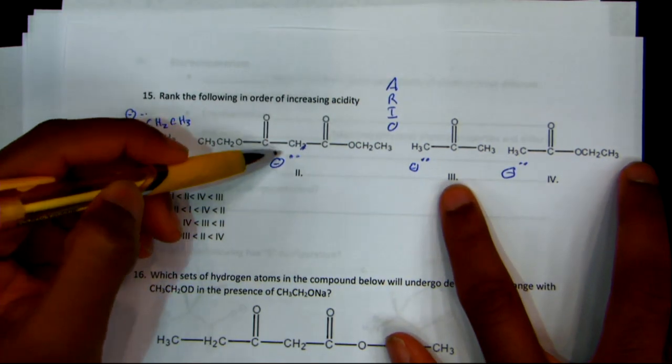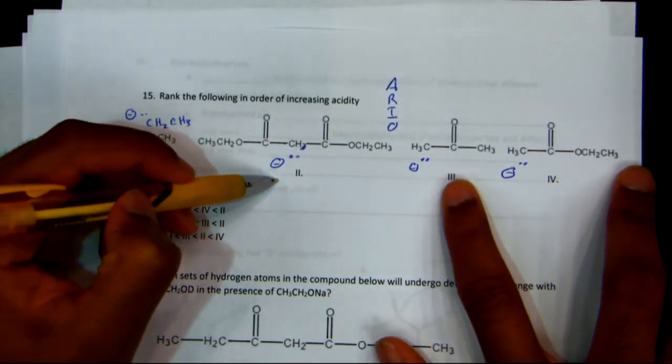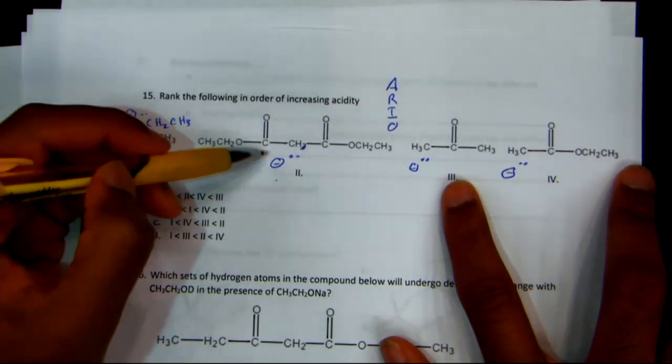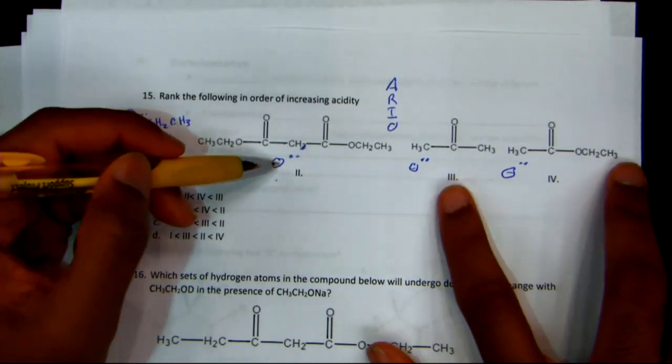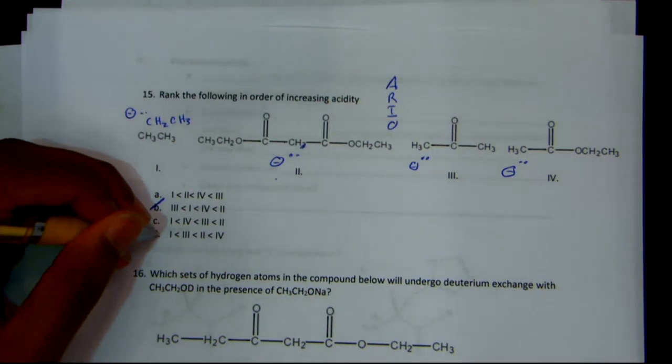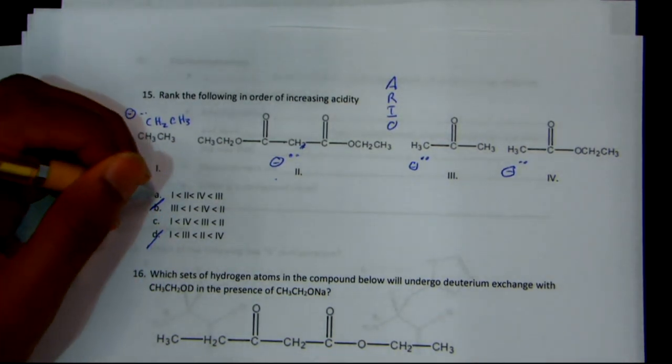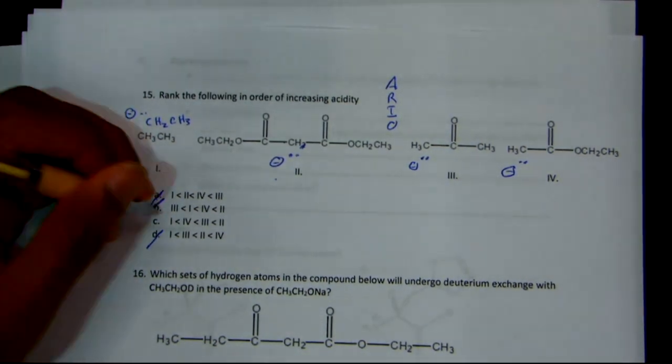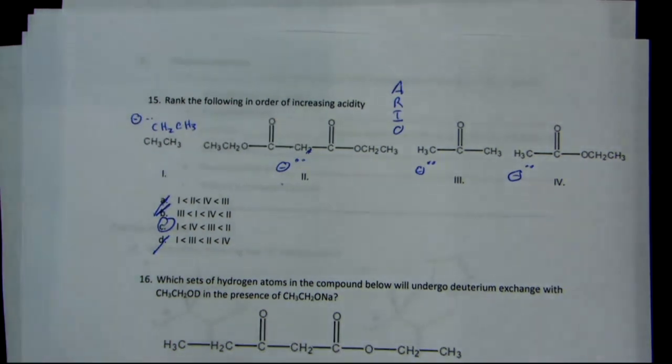Between these two, this one has more resonance than this one, so this one's more stable. Is that cool? So it's going to be 2, probably our first one, because it has resonance with 2 carbonyl groups. So whatever doesn't have 2 is going to get eliminated. So by default, our answer choice is C. Is that cool with everybody?